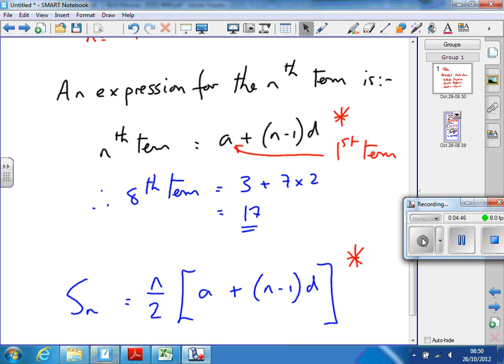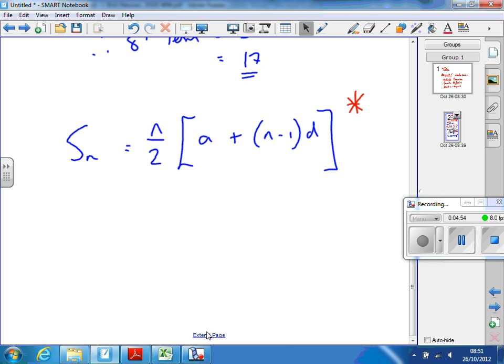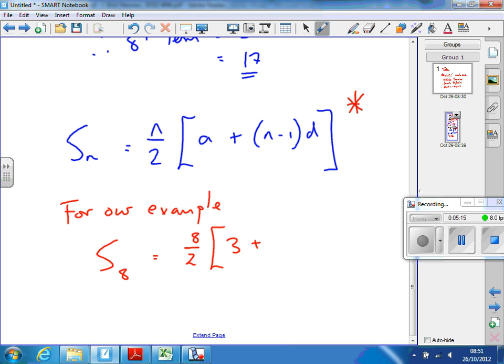If we look at the example we have for our sequence, starting at 3 and going up in 2s, what's the sum as far as the 8th term? It's going to equal n over 2, so 8 over 2, open brackets, a, which is the first term, plus n minus 1, which is 7, times 2.